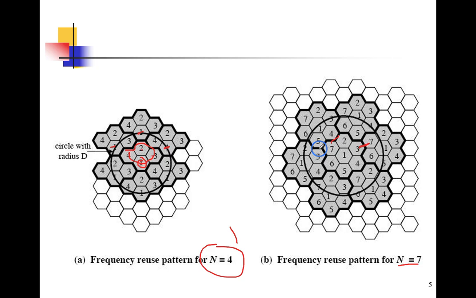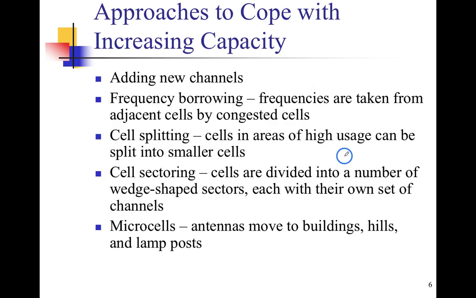This is what we call a cell, and each cell has an antenna base station there, with receiving and transmitting antennas. Right. So there are approaches to cope with increasing capacity. How to increase the capacity of a particular cell?